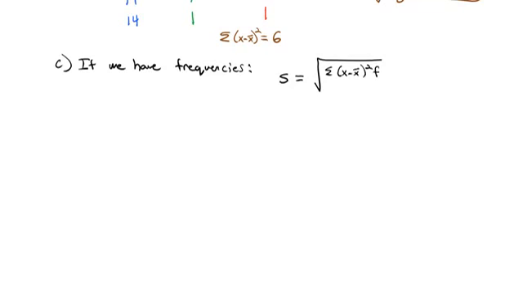But before we take the sum, we have to multiply by the frequency and then divide by n minus 1.